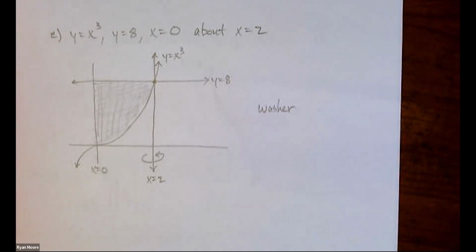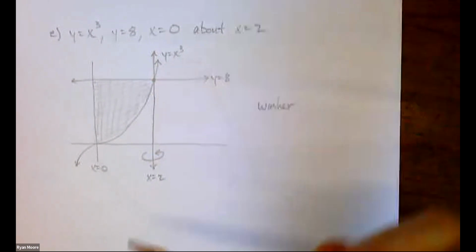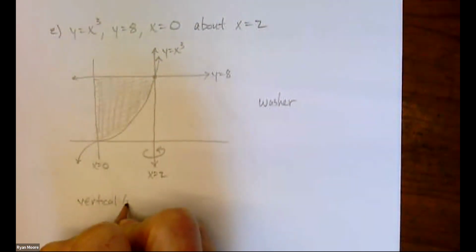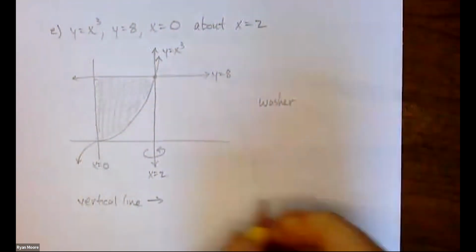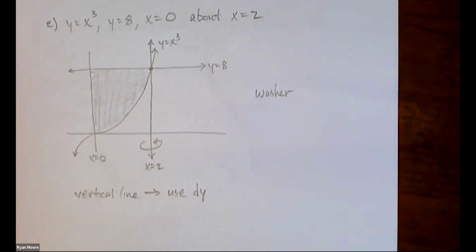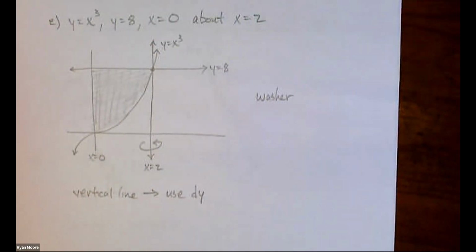Okay, what else? How are we going to integrate? Notice we've got a vertical line. So we're going to integrate with respect to y, or you might even just note use dy. That kind of makes it clear, right?